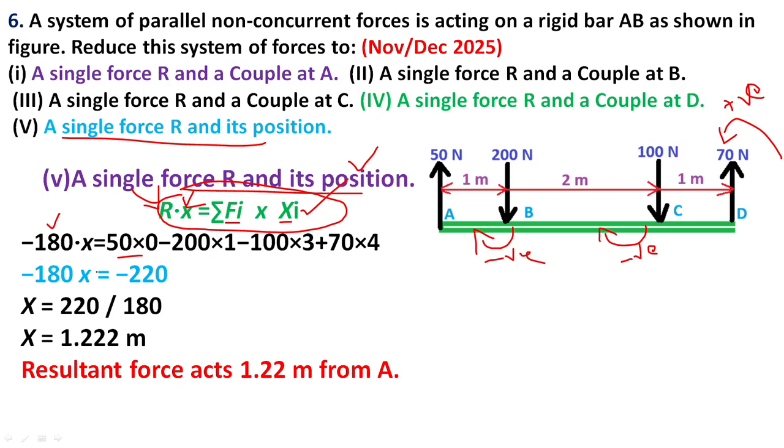So minus 180 into x equals minus 220. The minus signs cancel, so x equals 220 divided by 180, which is 1.22 meter.